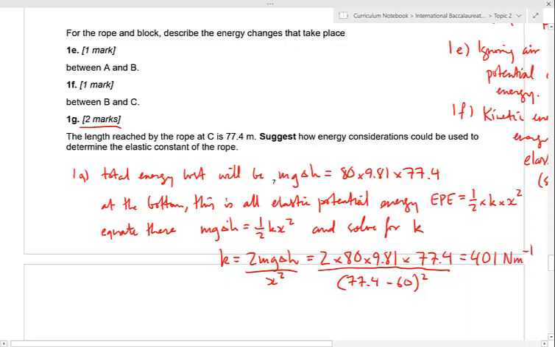Okay, so doable, you probably only needed to say this bit. And you probably didn't even need to include any numbers since it was suggest. Cool. Okay, so that's question 1. I'll do a separate video for question 2.